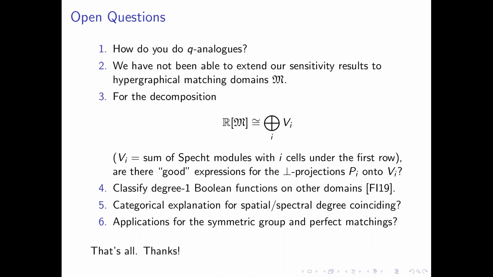These notions, along with some polyhedral theory, can be used to classify the degree 1 Boolean functions on the perfect matching scheme. In particular, there are these canonically intersecting families, namely the characteristic vectors of sets of perfect matchings that all contain some fixed edge, like the edge 1, 2, the edge 3, 4, etc.